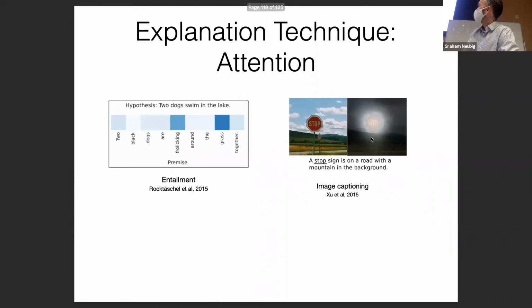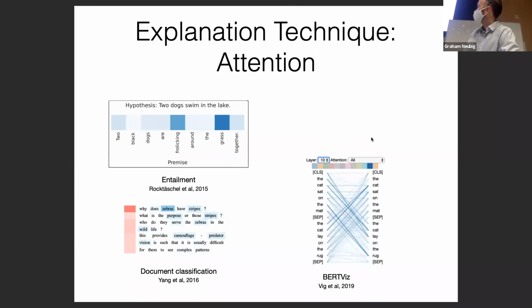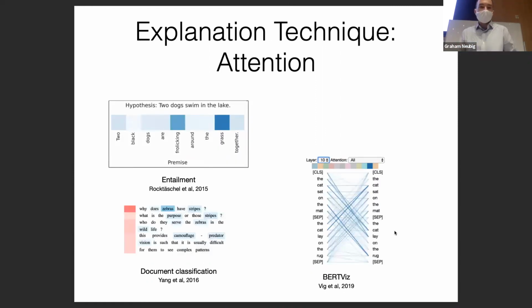If you look at entailment tasks, image captioning tasks, document classification tasks, BERT, which we did earlier, in all cases, naturally learned attention seems somewhat indicative of the things that models are paying attention to.